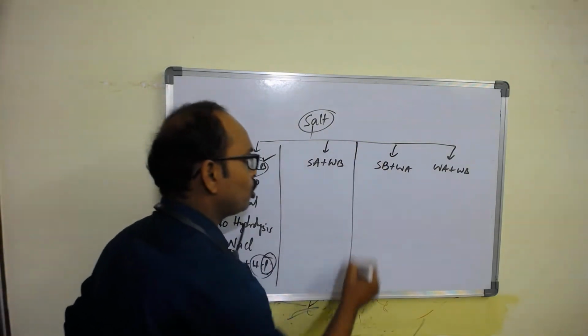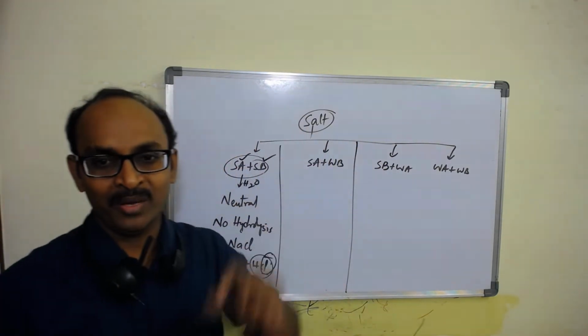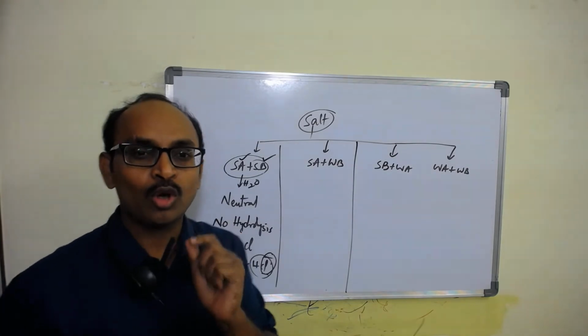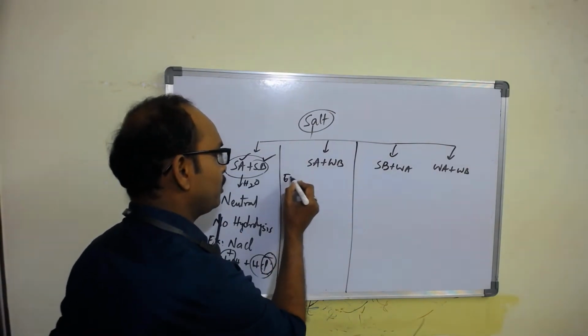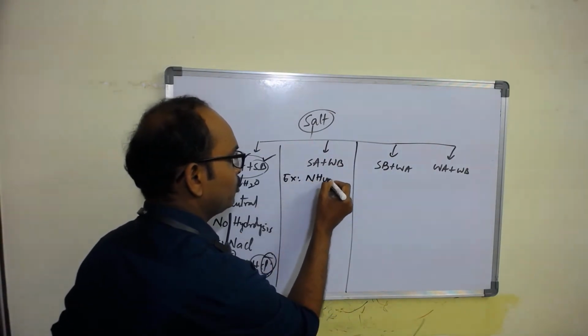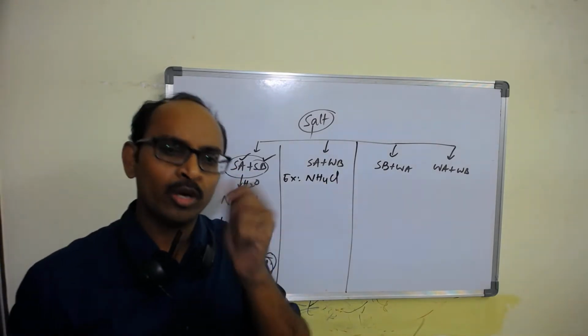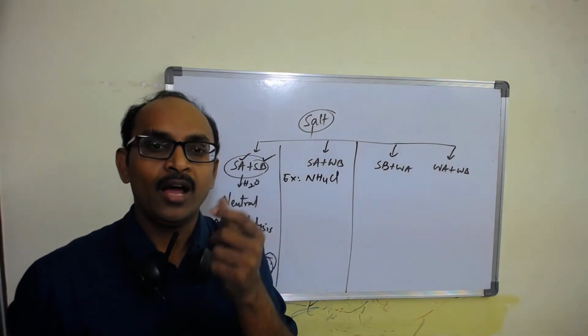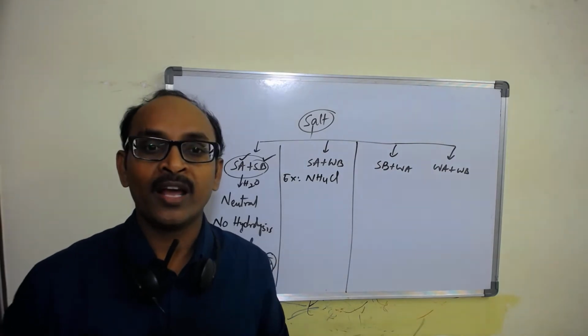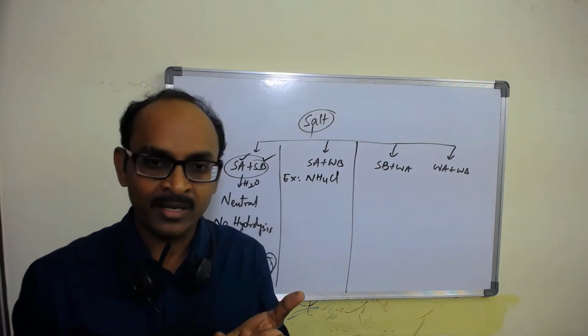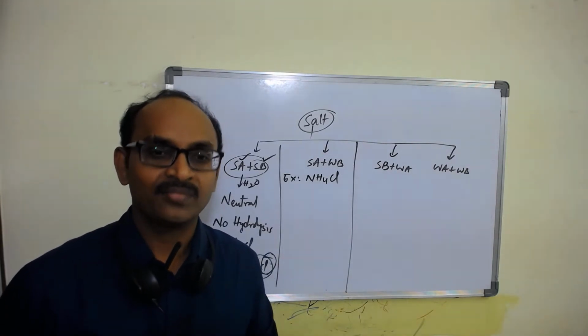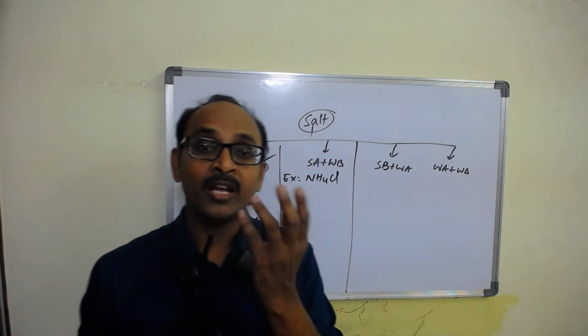In case of the salt of strong acid and weak base, I'll take an example of ammonium chloride, ammonium sulfate, ammonium nitrate, and so many organic bases you can take. All organic bases are weak. So organic weak base, you can take pyridine also.